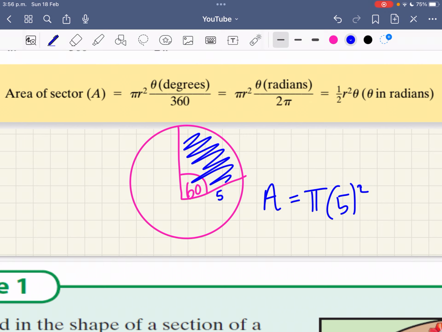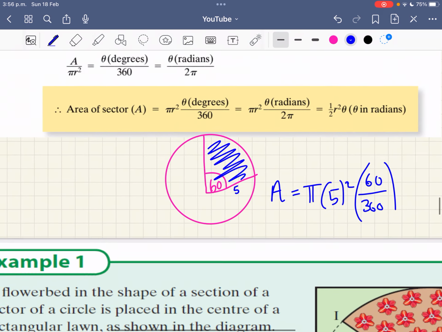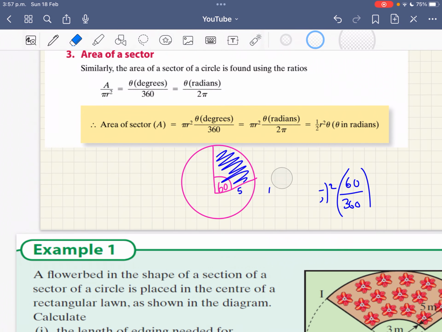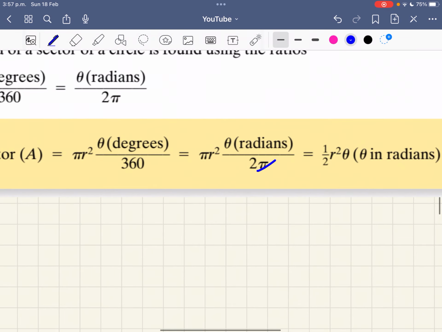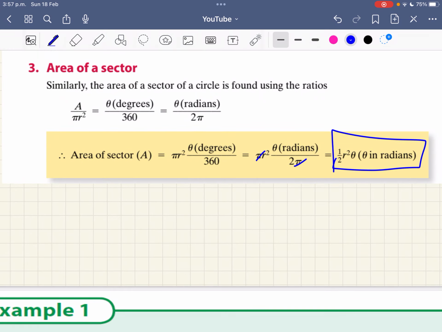But we don't have the whole circle, we only have 60 over 360 of the circle, and then you calculate that in your calculator and you get the area, and it's units squared because it's area. That's all it is to it. And the same thing with the radians, the pi and the pi cancel, so you're left with a half multiplied by r squared theta, and this is in your log tables.